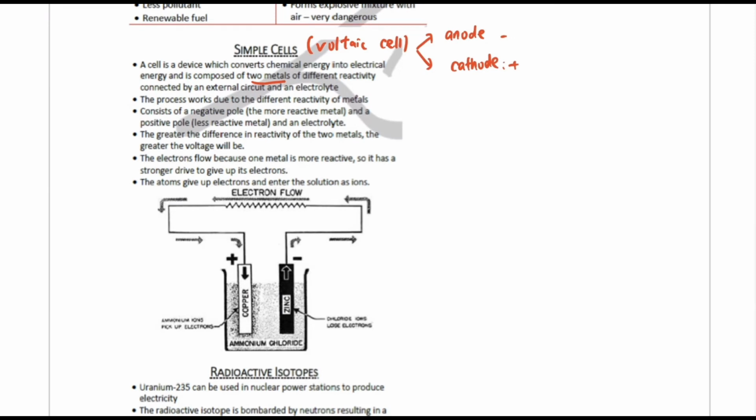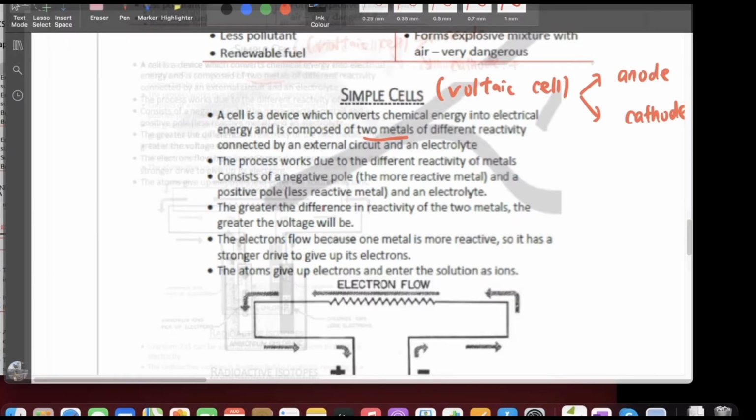We don't want to look at the reactivity series first. Let's move on first. Or maybe I just let you take a quick look at the reactivity series. Just a quick look from the internet will be good enough.